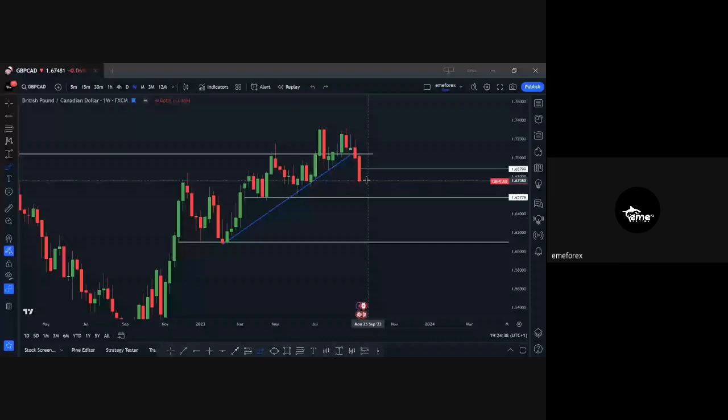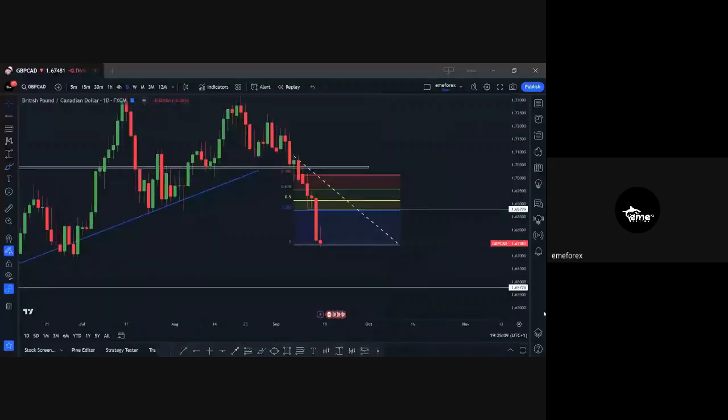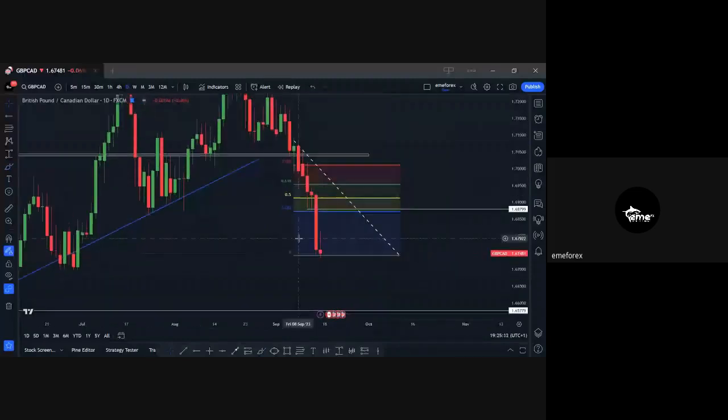On the daily chart, if I zoom in, you can see that we've dropped significantly, and we're looking for these pullbacks. This is where we want to throw in our Fibonacci tool. The blue zone is where, when we have the retracement levels, I'll be interested.